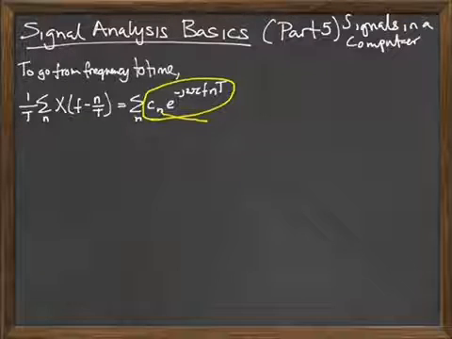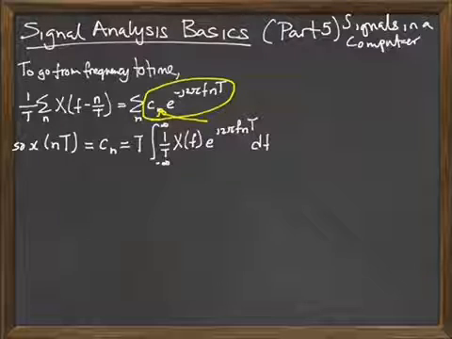Our time component ends up being the coefficient of the frequency train. So we can say that x of nt is equal to the coefficient of the impulse train.